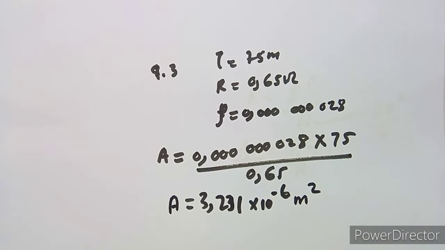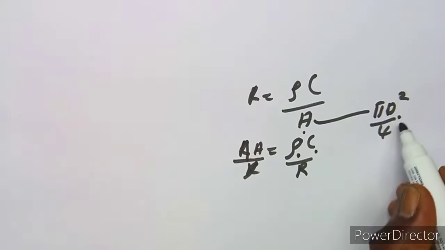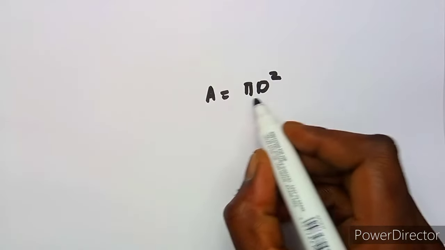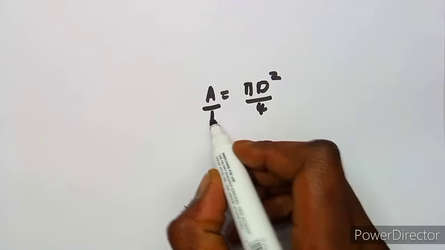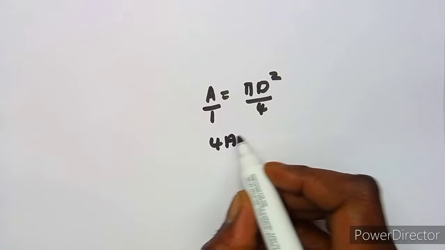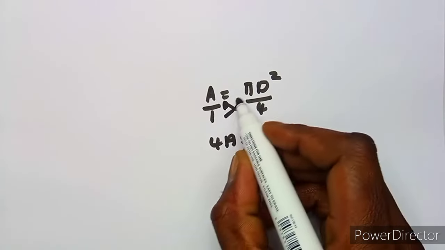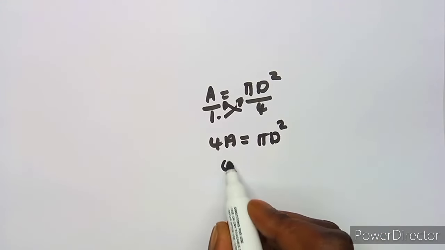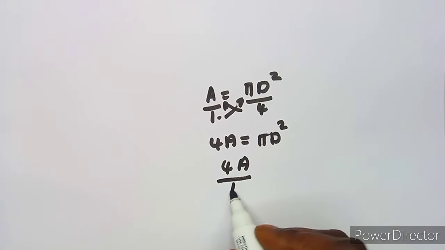You have got your area in square meters, and area is pi d squared over 4. Now let's make d the subject, since we want to calculate d. Cross multiplying, 4A is equal to pi d squared, divided by pi on both sides, we have 4A over pi.